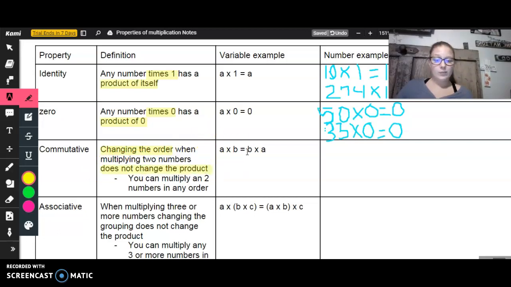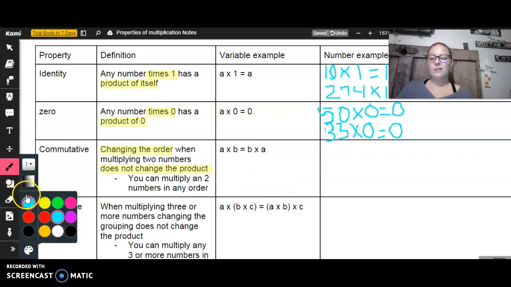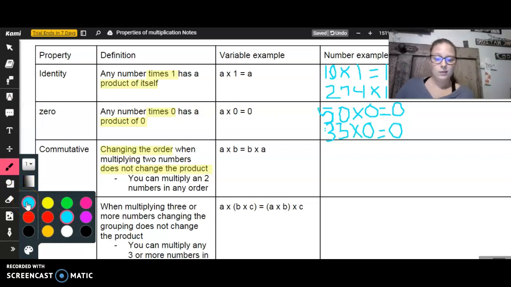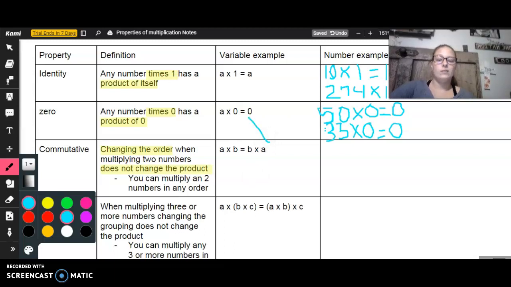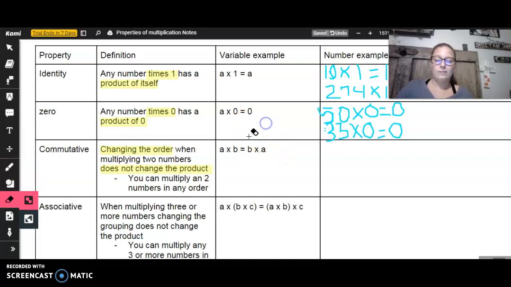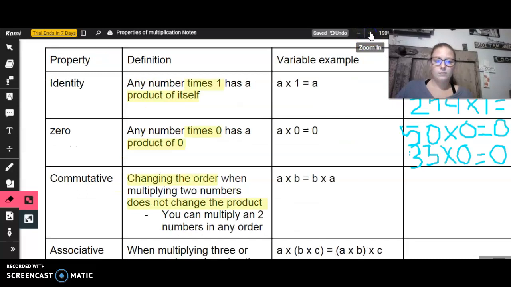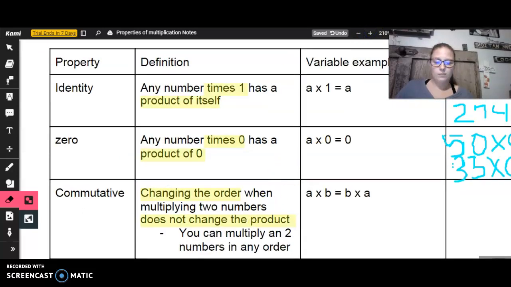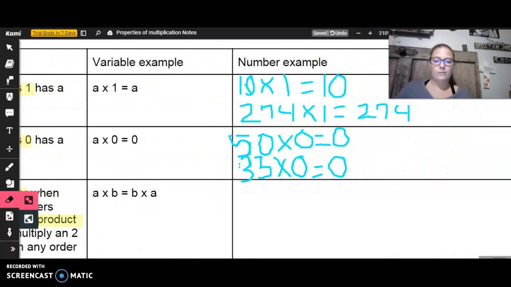So our variable example is a times b equals b times a. We're going to go ahead and fill in numbers for this. I'm going to zoom in my screen to make it easier to write on. There we go.